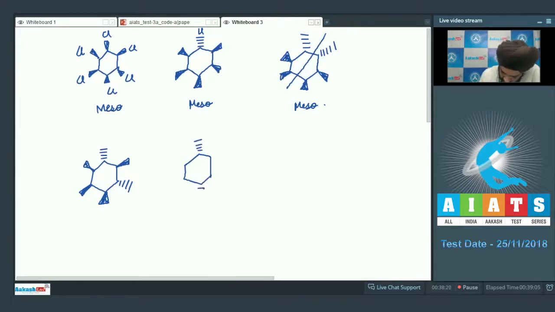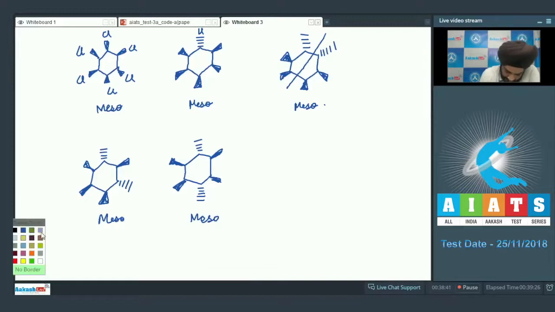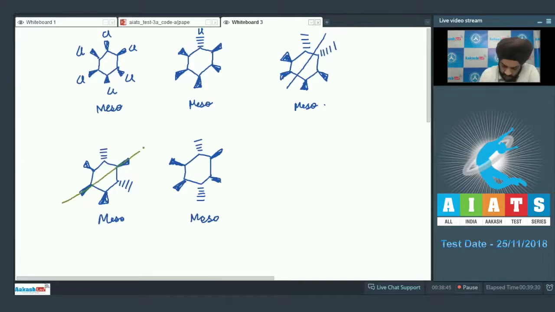This is the 1, 4. So 1, 5 will now again be identical to 1, 3. So there's no point drawing that. So students, both of these compounds are again meso. We can have plane of symmetry passing through here. We can have plane of symmetry passing through here. These had planes of symmetry as well.